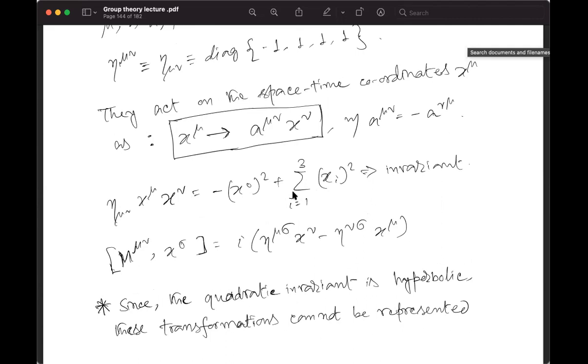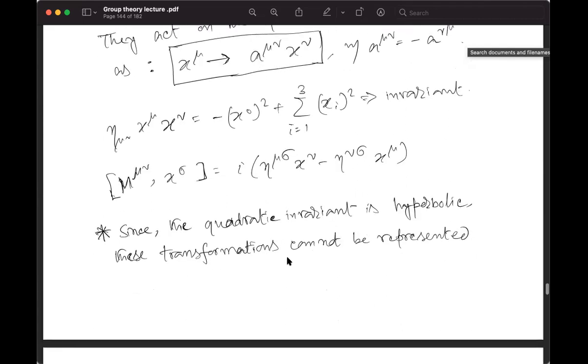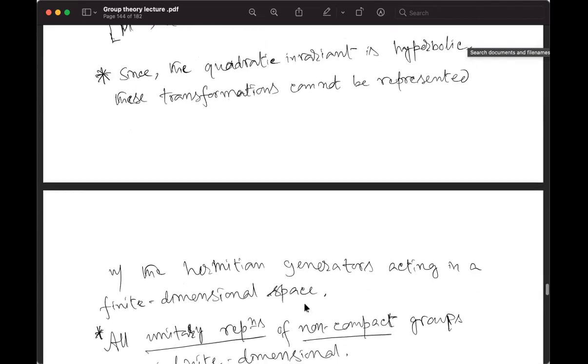But under the Lorentz transform, this is invariant. You can take the commutator of the generators, which is proportional to x, and there is a matrix there. Since the quadratic invariant is hyperbolic, this transformation cannot be represented with Hermitian generators acting in a finite dimensional space.